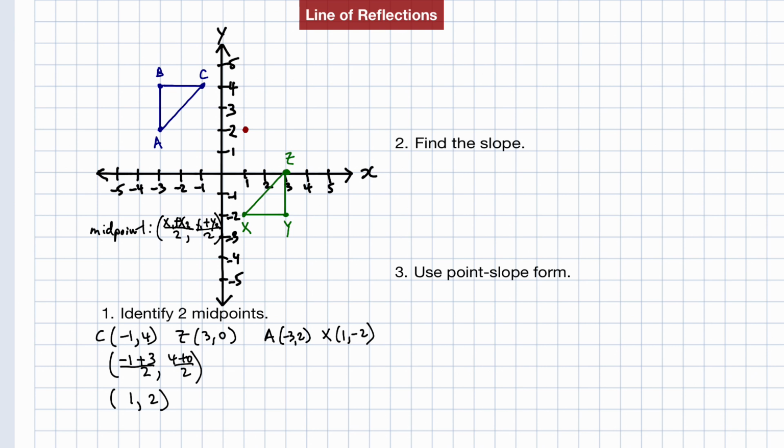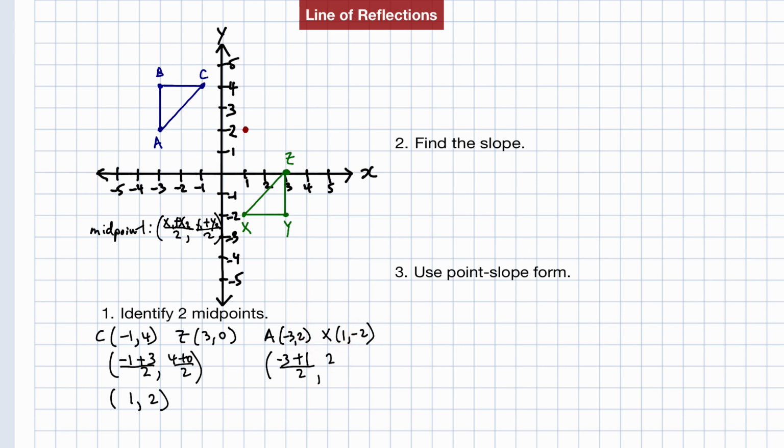If we enter the points in the midpoint equation, we're going to get negative 3 plus 1. Again, this is x1 and this is x2, so it'll be x1 plus x2, divided by 2. Then our y1 and y2 will be added together and divided by 2.